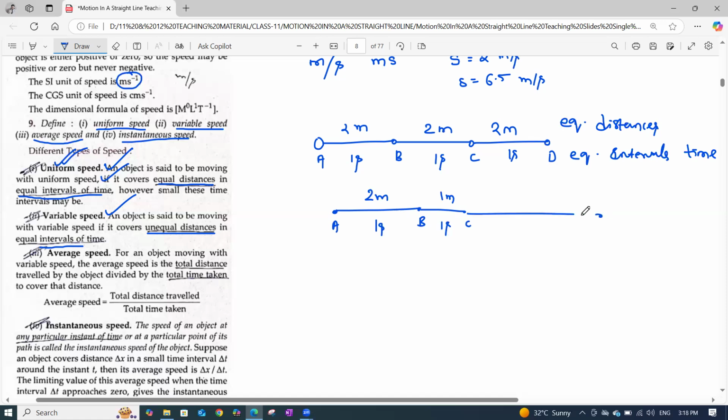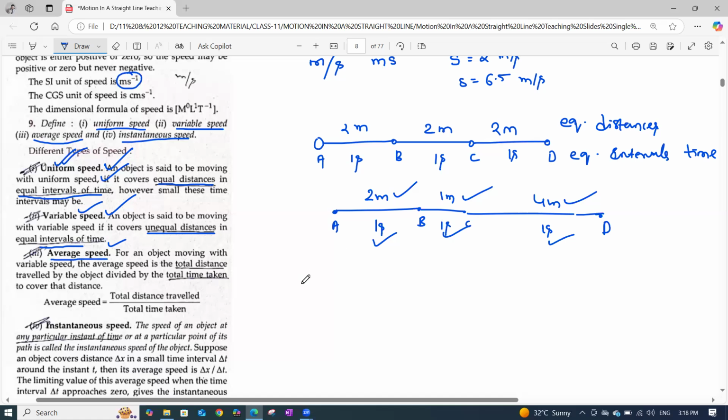Again C to D it goes 4 meters in 1 second. You see, the time intervals are the same. In 1 second, from A to B it covers 2 meters, B to C 1 meter, then 4 meters. So the body travels unequal distances, but the time interval is equal. Such type of speed is variable speed or non-uniform speed.